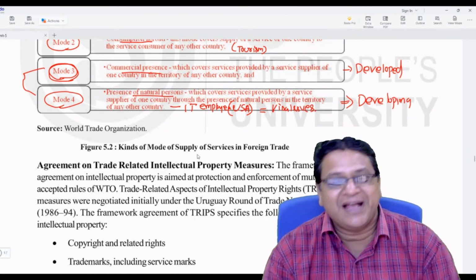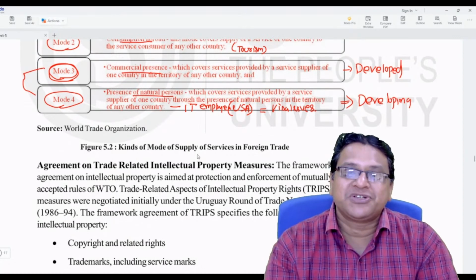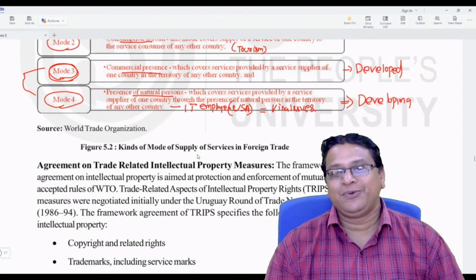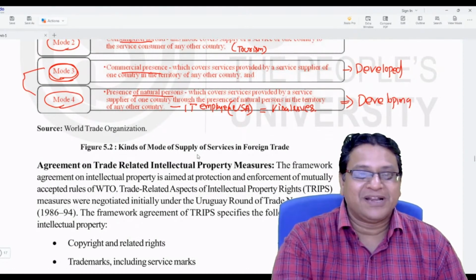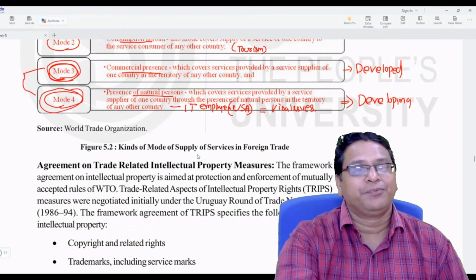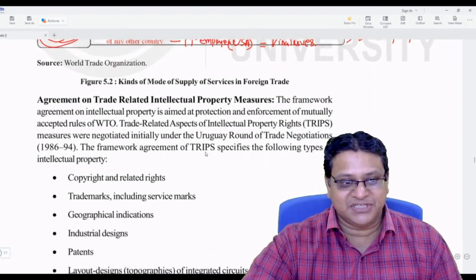They will come to India, start their commercial establishments and provide service to Indian people. So the fight between developed and developing countries is related to mode 3 and mode 4 ways of providing services. So the service related agreement is over.